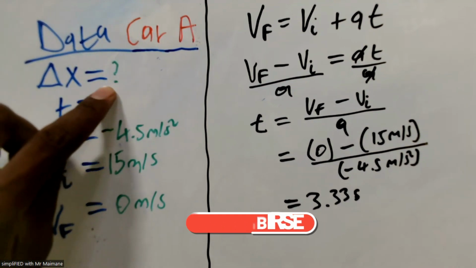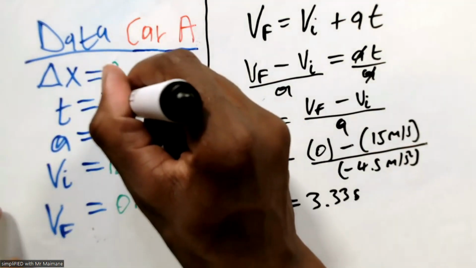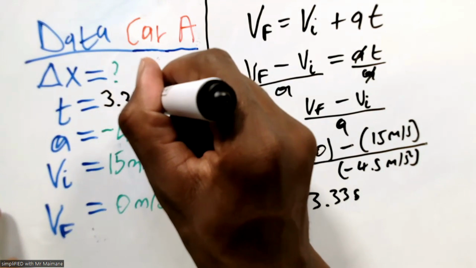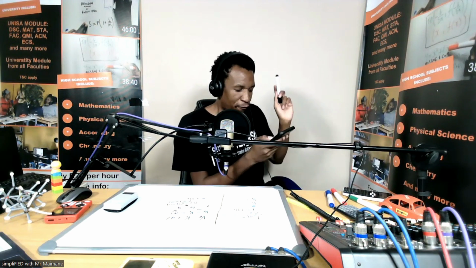So we can say car A stopped after 3.33 seconds when the driver applied the brakes. So 4.2.1, the answer is it took 3.33 seconds for the car to stop.